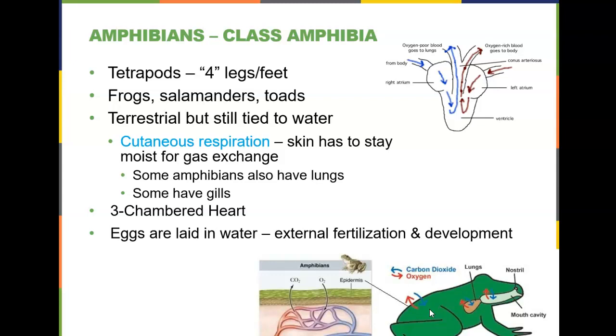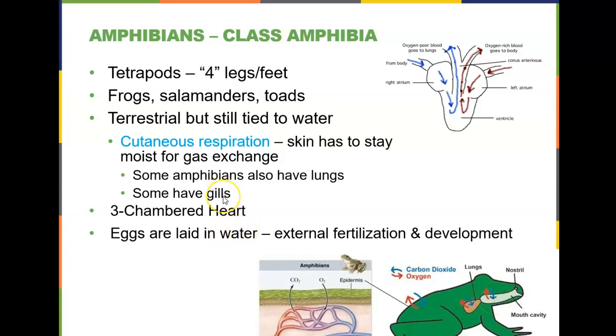We see they have oxygen coming in and carbon dioxide going out, which those arrows should be the other way around. And this is why their skin needs to stay moist for this gas exchange. Now, in addition, some amphibians also do have lungs. We see lungs here in the frog, as well as the fact that they can breathe across their mouth cavity.